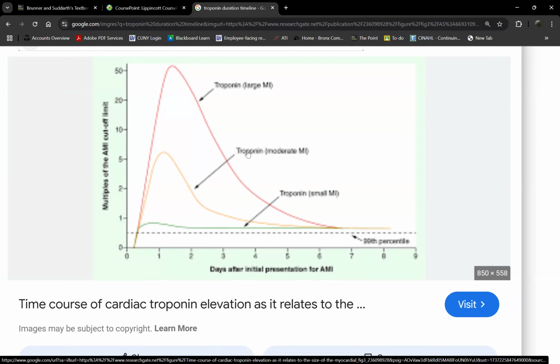So is a peak good? Yes, it's very good. When we see a peak, that means it started going down already. When do you want it to peak? We want it to peak as soon as possible. So the peak time will vary.